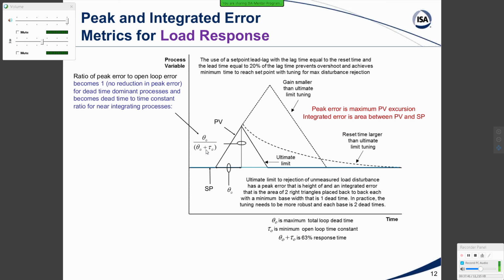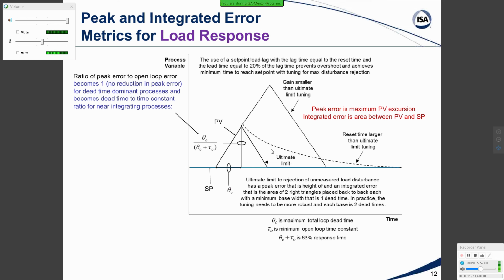What we have in near integrating processes is a very nice situation where the process time constant is very large compared to the dead time, and this reduces to a ratio of the dead time to the time constant, showing us we have great potential if we know how to tune the loop. Now the area of this best case idealistic scenario is the integrated error, and it is the ultimate limit to what we can do.